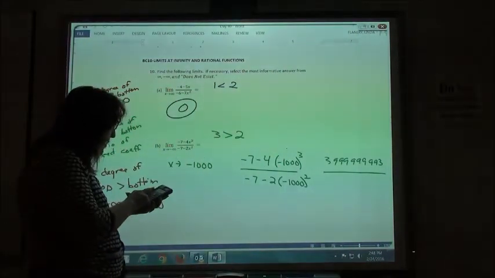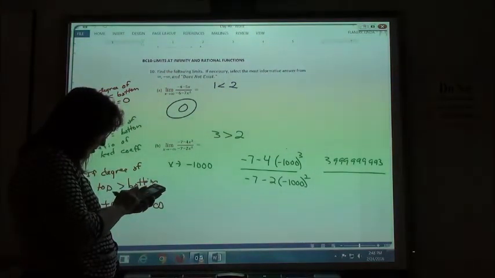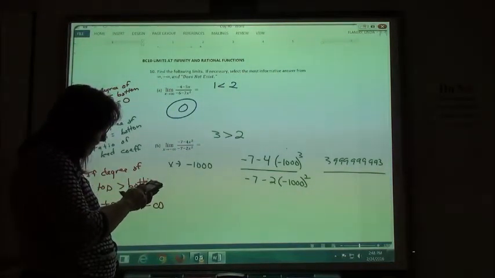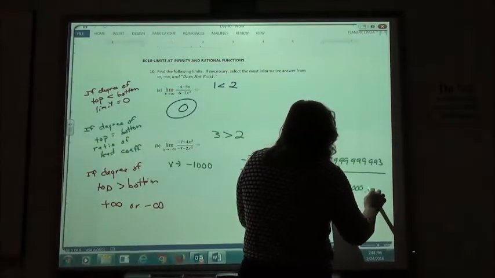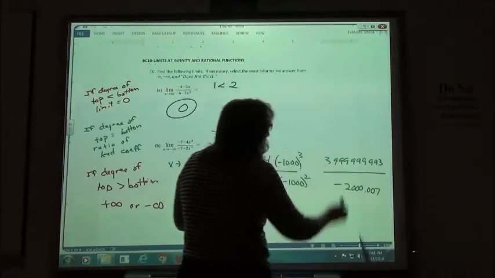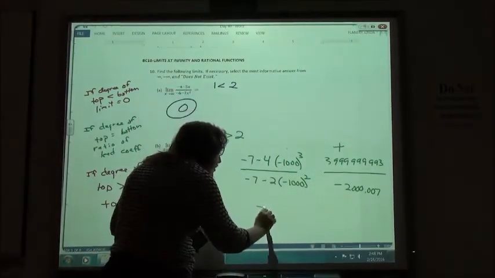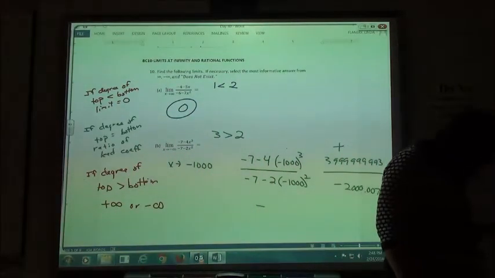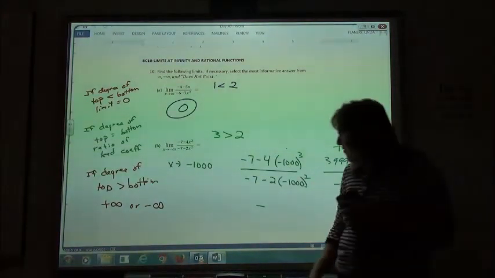On the bottom, negative 7 minus 2 parentheses, negative 1,000 squared gives me negative 2,000,007. Now, I have a positive over a negative, and since I have a positive over a negative, I'm going to get a negative. And in this case then, since I know that it's going to approach infinity, I'm approaching negative infinity.